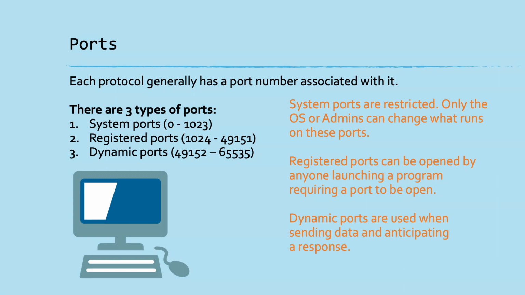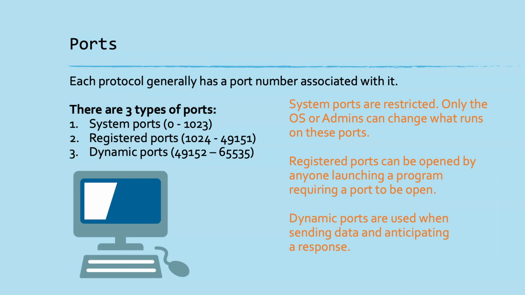Registered ports, between about 1,000 and 49,000, are ports where, if you created a program, you could actually run a certain program on that port. Like McAfee antivirus. There are different registered ports where they say, hey, we would like to use these ports to run our program. Registered ports can be used by multiple different programs. It's just they're well-known ports.